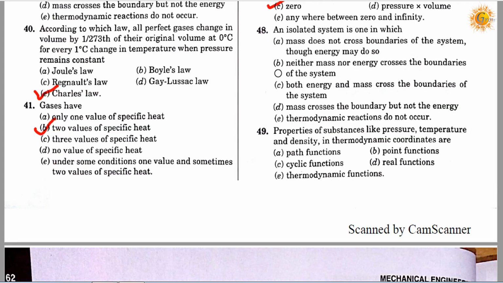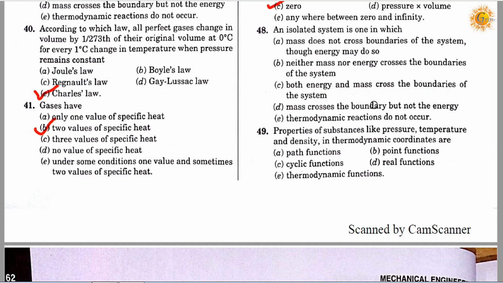Question number 48. An isolated system is one in which: option A, mass does not cross boundaries of the system, though energy may do so; option B, neither mass nor energy crosses the boundaries of the system; option C, both energy and mass cross the boundaries of the system; option D, mass crosses the boundaries but not the energy; option E, thermodynamic reaction does not occur.